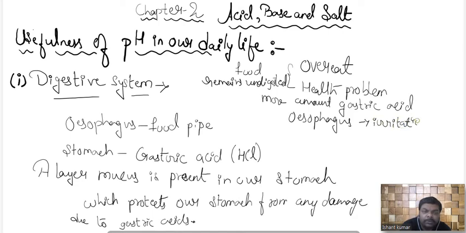It produces irritation in the esophagus, and we feel irritation in our neck also, below our neck, above the stomach, near the lungs. This irritation caused by the gastric acid which has leaked out into our esophagus, or food pipe, is termed as acidity.